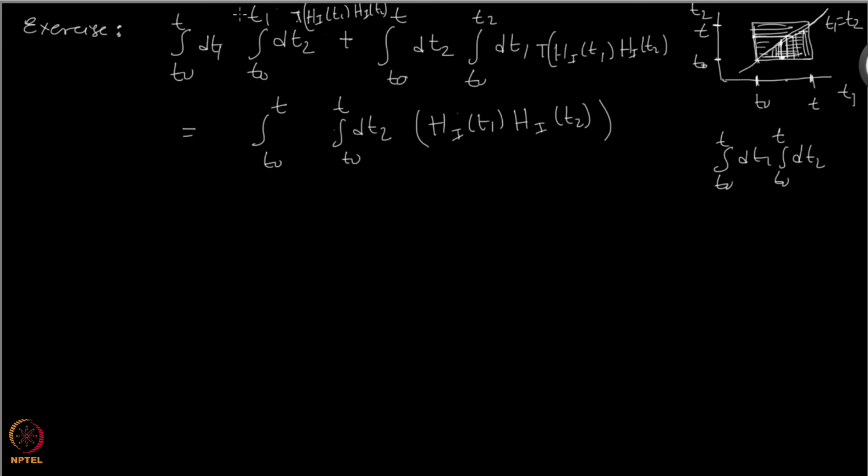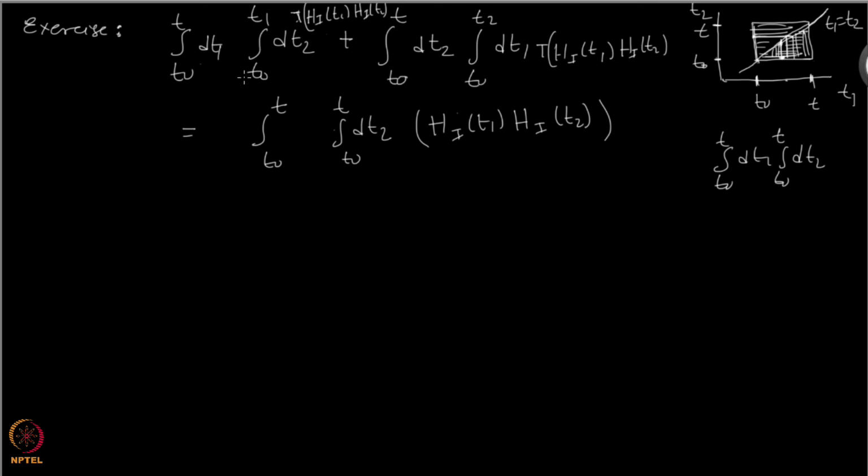Now you see that this one and this one are identical, because I can change the dummy variable t1 to t2. So this will become dt2, and this one will become dt1. So this is exactly the same as here, and here that doesn't bother, because it becomes hi of t2 and hi of t1, but I can write it the other way around exactly like this, because the time ordering operator will take care of everything.